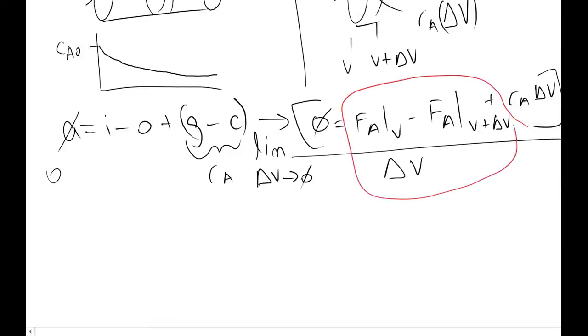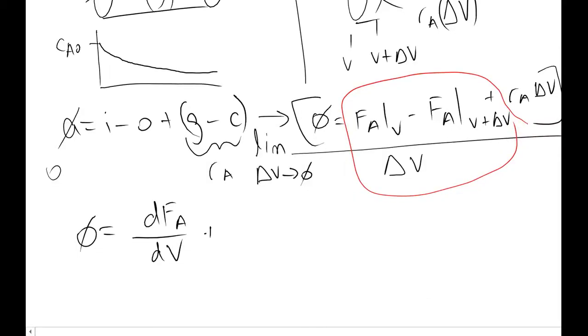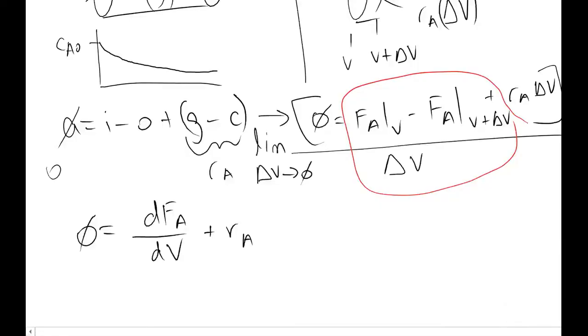So 0 is equal to dFA dV plus RA. And there's no delta V here because it canceled out. And so what we end up with is dFA dV is equal to minus RA.